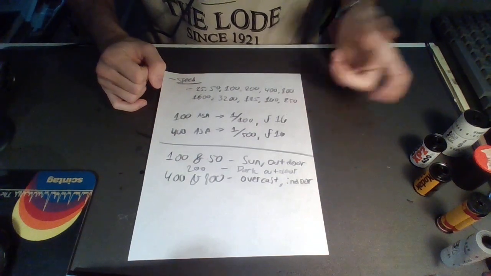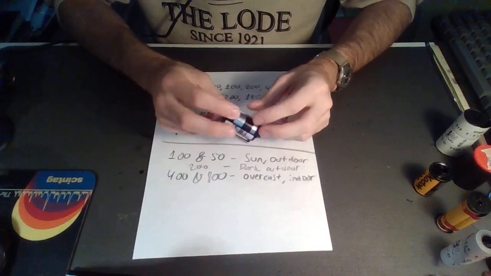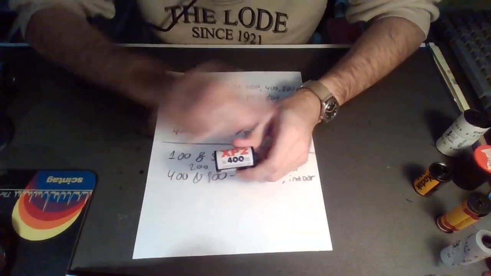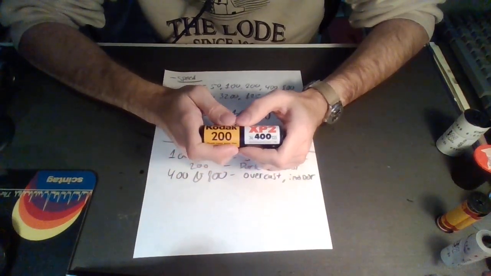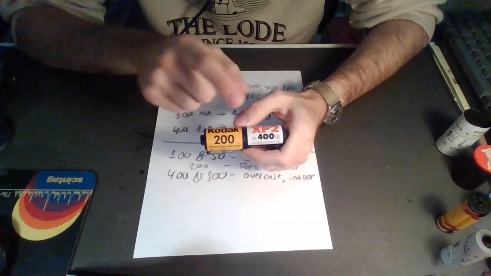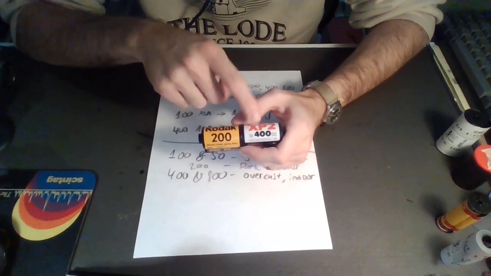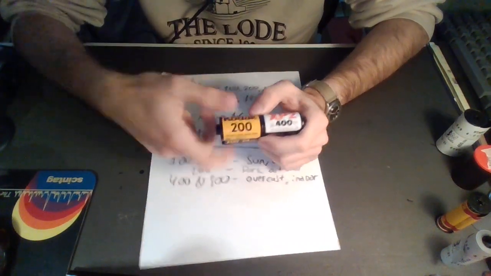And by that, I mean the higher the number is on the side of the film there, the more sensitive it is in this system. And it's proportional. So you'll see 400 is twice as large as 200. Well, you'd be correct in thinking that this is actually twice as sensitive as this film. So this film requires half the amount of light to get a proper exposure than this 200 does.